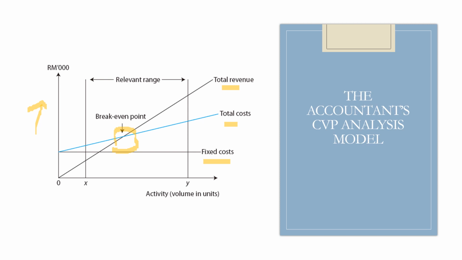Once companies surpass the break-even point, every additional unit sold contributes to the company's profit, leading to growth in net income as sales volume increases. This demonstrates the importance of surpassing the break-even point for businesses to generate profit and achieve financial success.